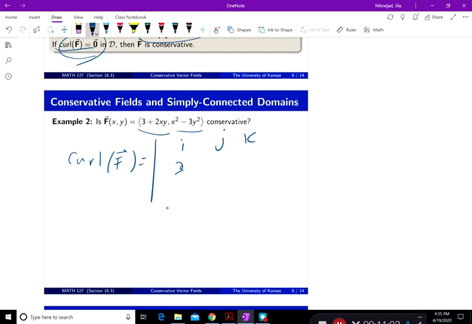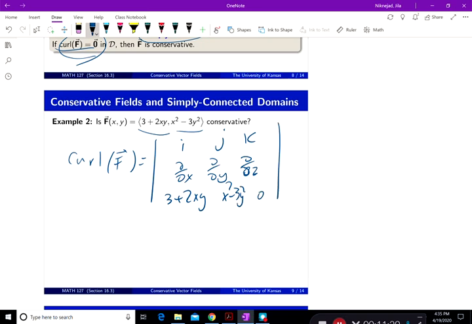i j k, the partials, and then 3 plus 2xy, x squared minus 3y squared, and 0.